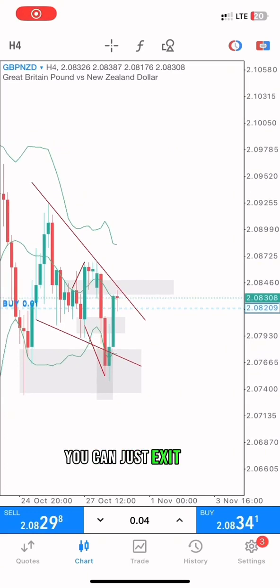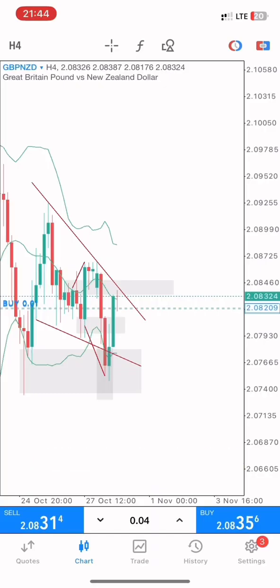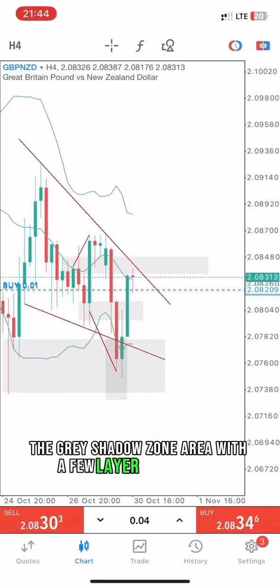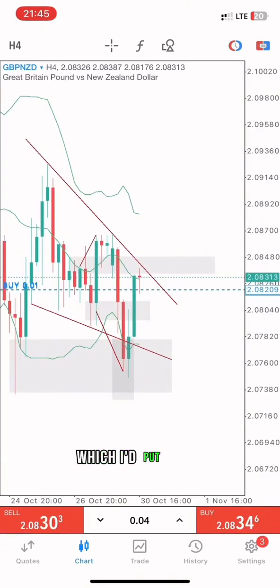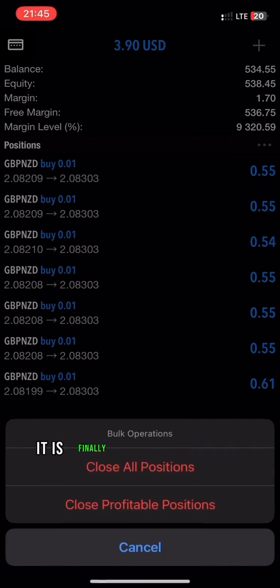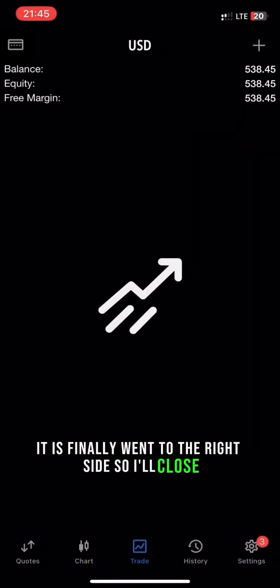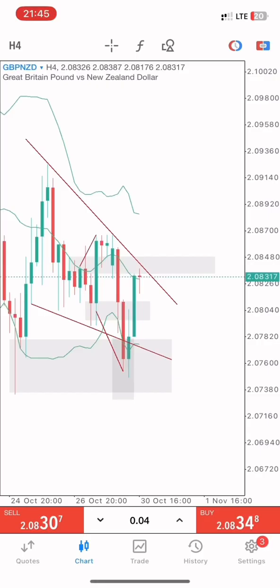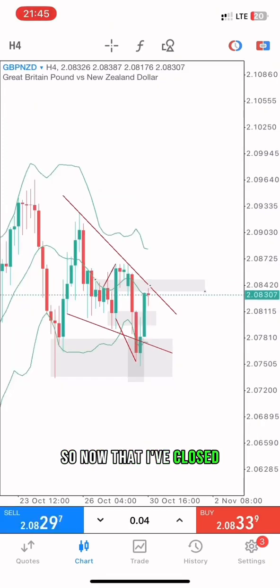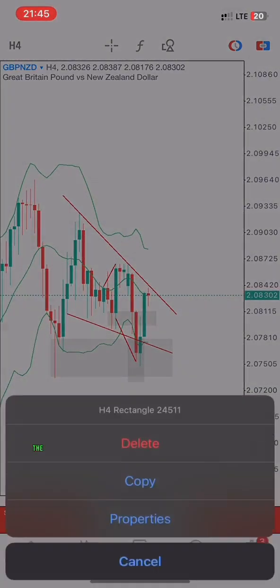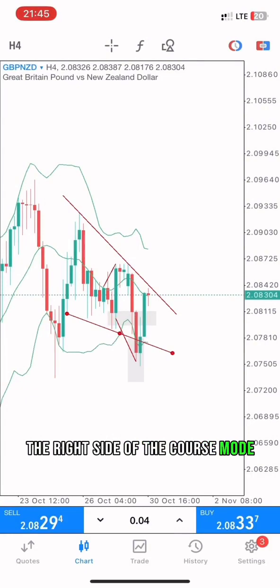You can just exit. Okay, so this is after some time. You see it has managed to touch the gray shadow zone area with a few layers of positions, which I had put again. It has finally gone to the right side, so I'll close. So now that I've closed, you know the right side of the Quasimodo, right?